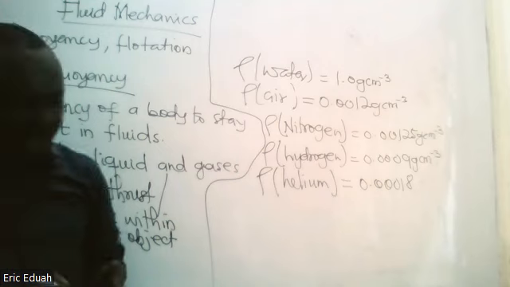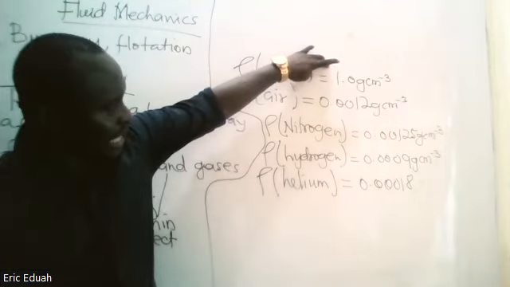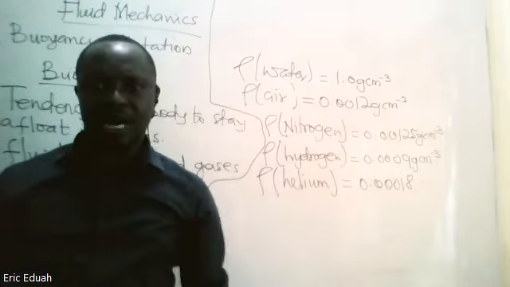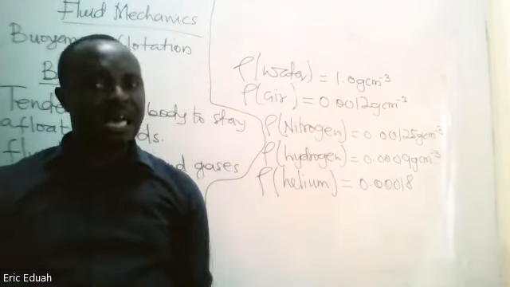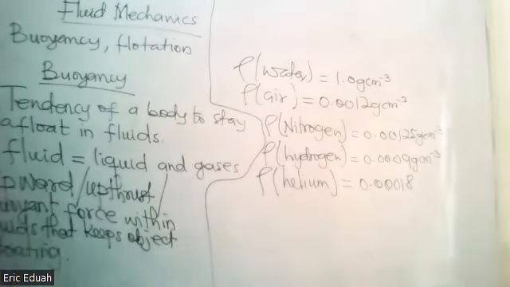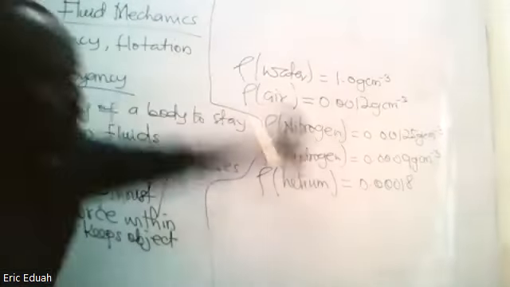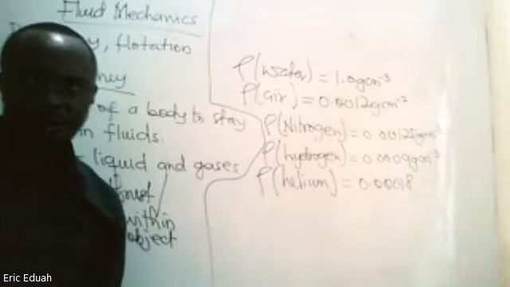Okay, so if this is the density of water, and these are the densities of gases, then it is obvious that upthrust will be greater in water than in all the gases listed.